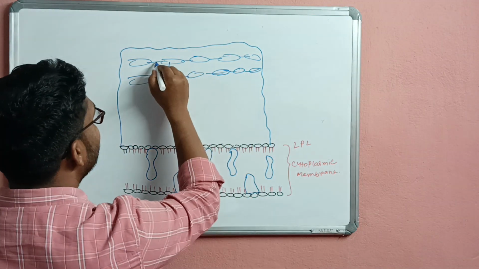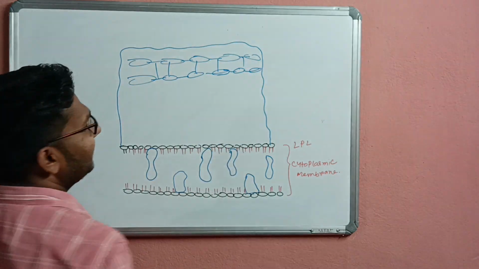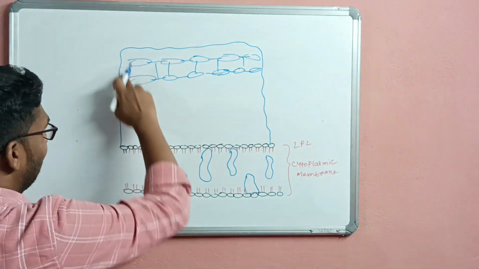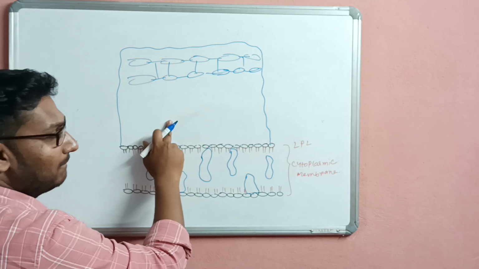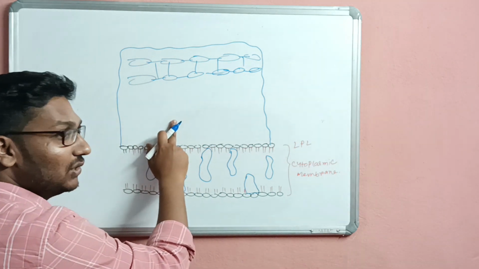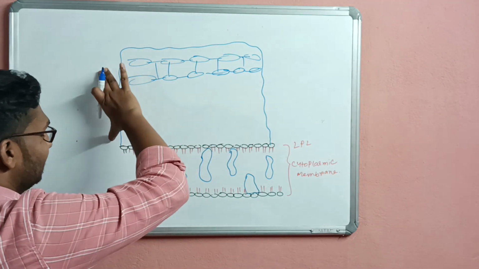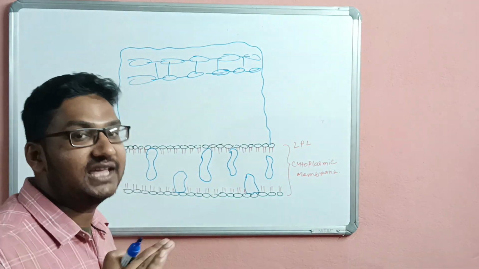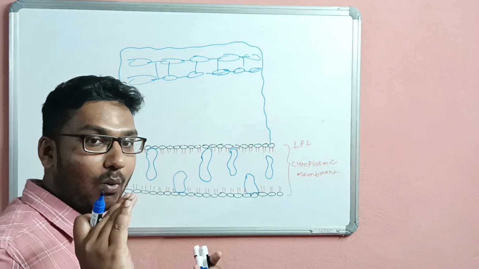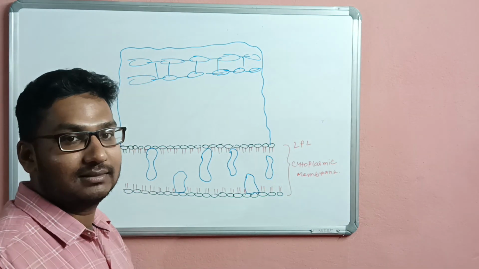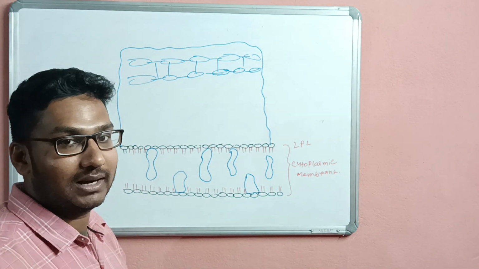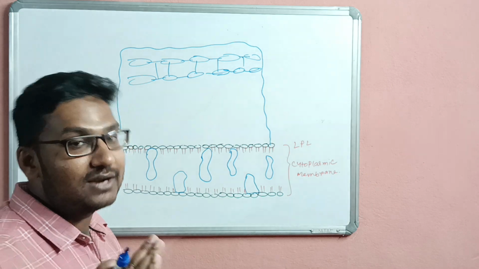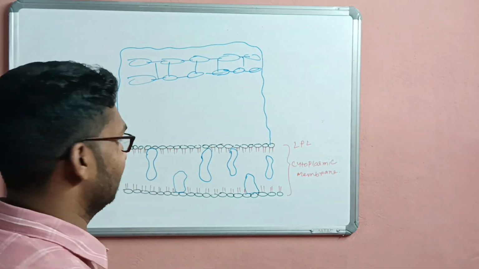By forming this peptide linkage, the gram positive bacteria form a thick bacterial cell wall, a thickened bacterial cell wall. It is the main compound of the gram positive bacterial cell wall.